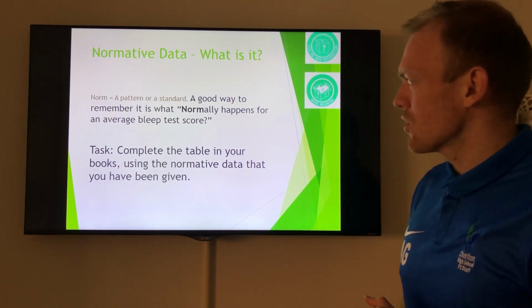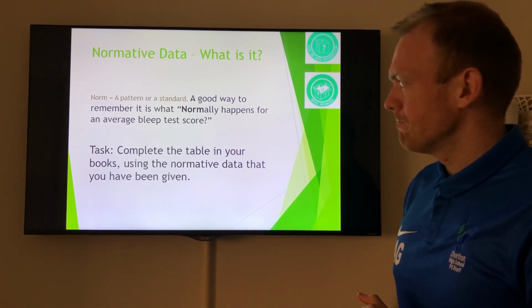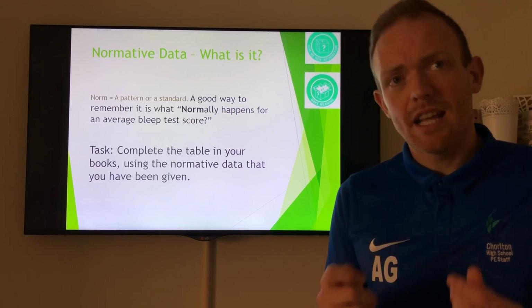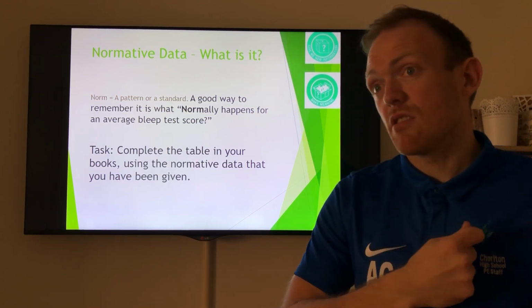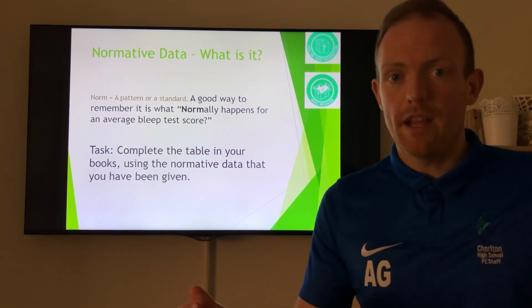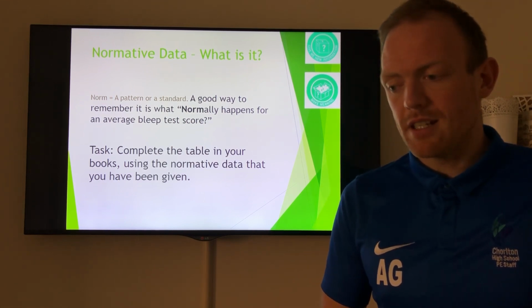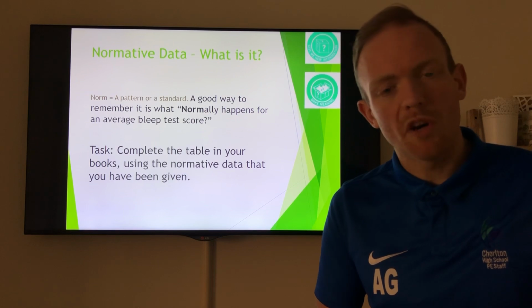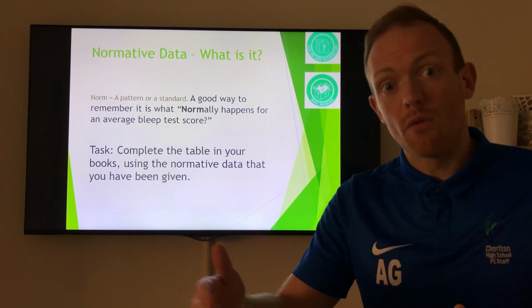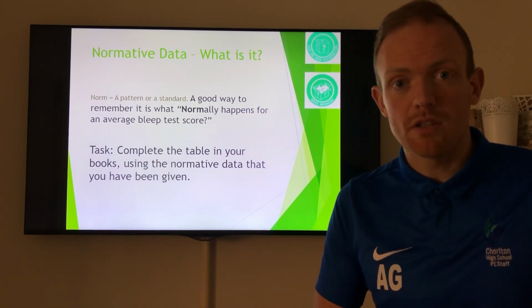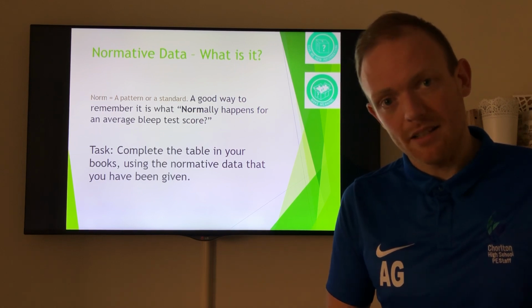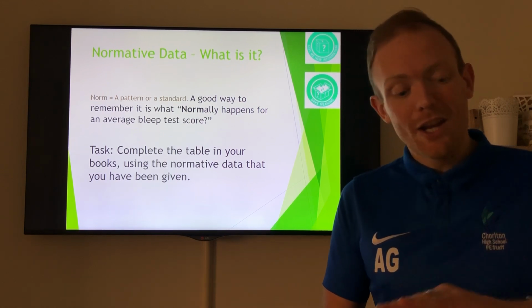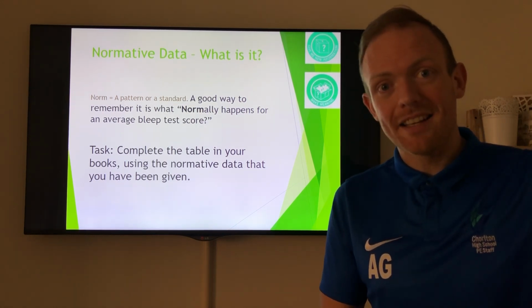Okay, so normative data is the data that everyone else who does these tests gets. So, for example, an excellent score for the 12-minute Cooper run test is around over 3,000 meters, and we'll give you that data. Don't worry, you don't have to remember all that data.